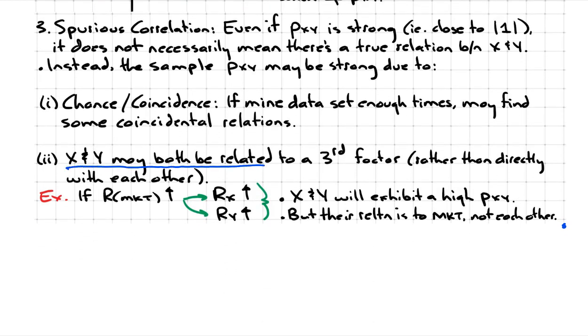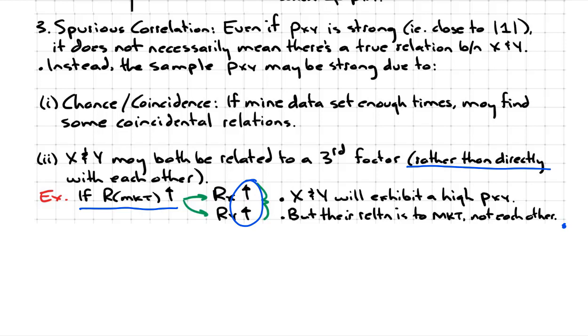What's the other limitation? X and Y may both be related to a third factor rather than having a direct relationship with each other. For example, if the market had a very strong year, then chances are most of the stocks listed on the market would have had a really good year as well. So we're assuming that if the market had a good year, the stock returns for X and Y had a really good year as well.